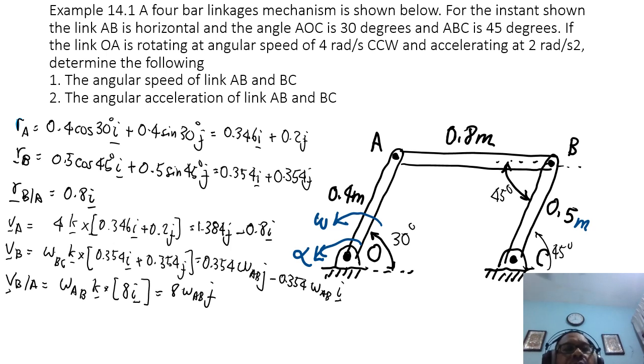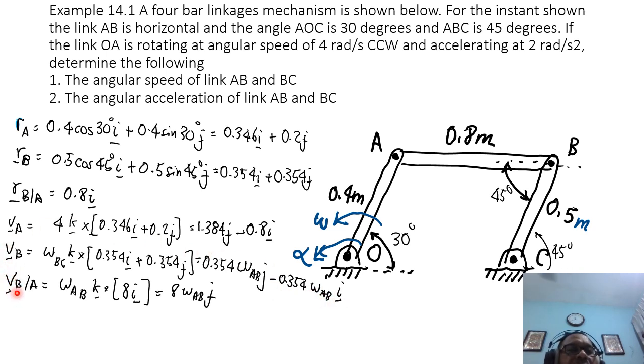So I've written here all the answers. VA I've calculated: 4K cross position vector A relative to O is 1.38 J minus 0.8 I. The other one is VB, omega BC cross position vector B relative to C, 0.35 I, 0.35 J, which is 0.354 omega BC J minus 0.354 omega BC I. I'm running out of space here.